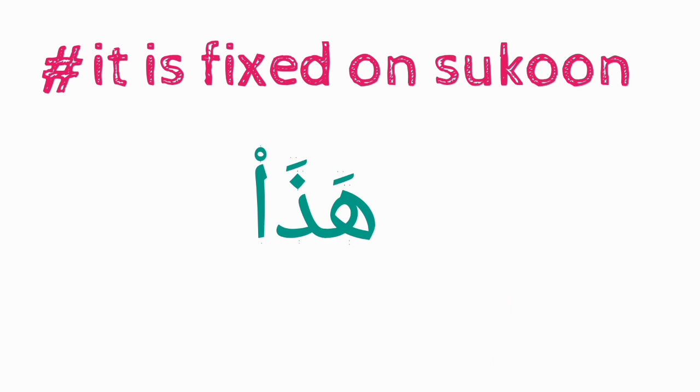If you look at the last letter of haza, which is alif, it is not carrying anything, it is carrying sukun. So it is fixed, that is wherever you put haza, haza will still be haza. When it comes as marfu, it is haza. When it comes as mansub, it is haza. And when it comes as majrur, it is also haza.